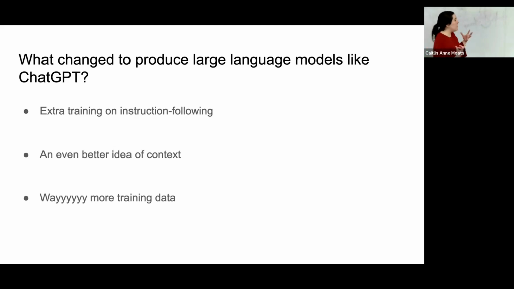We now have even better ways of taking into account the context of not just that word in the training data, but also the context of the particular sentence or the particular prompt that you're giving it. The third thing is way more training data, far more than we were using 10 years ago.